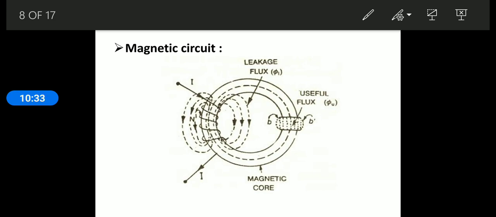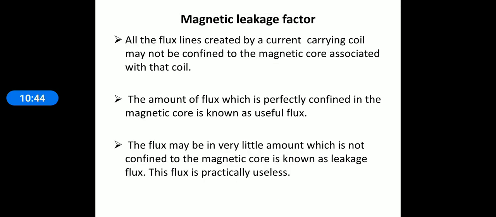This flux is called leakage flux, and useful flux means the flux which is confined in the magnetic core. That is the magnetic leakage factor.